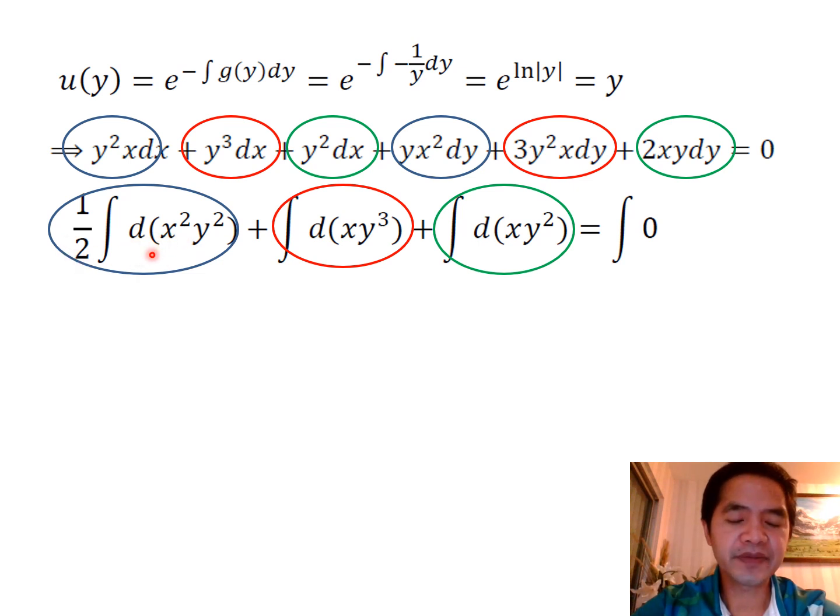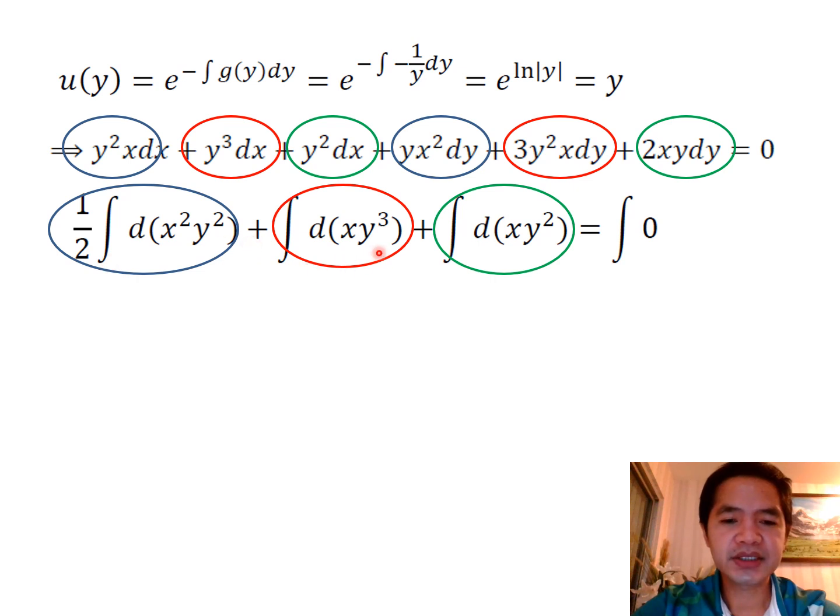Because when you differentiate this term, we get 2 in front of each term. Just try it out and you will see. So we have to multiply by 1 over 2 in order to get the same result as this one.